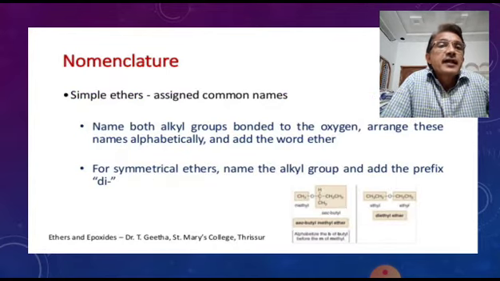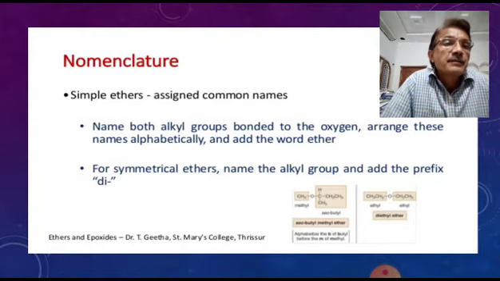Simple ethers are assigned common names. Name both alkyl groups bonded to the oxygen. Arrange these names alphabetically and add the word ether. Already we studied this one. For symmetrical ethers, name the alkyl group and add the prefix di.